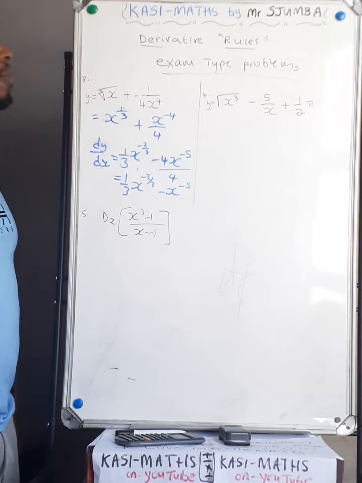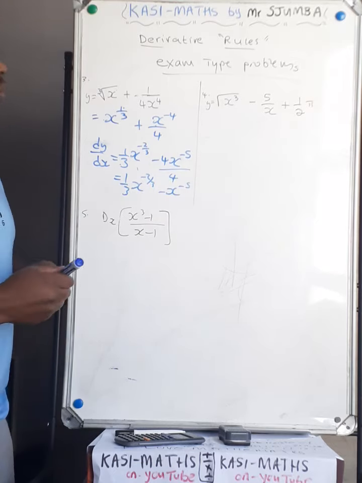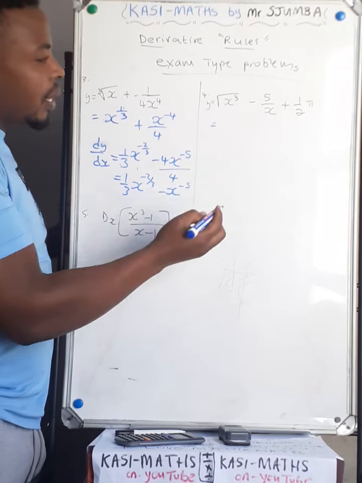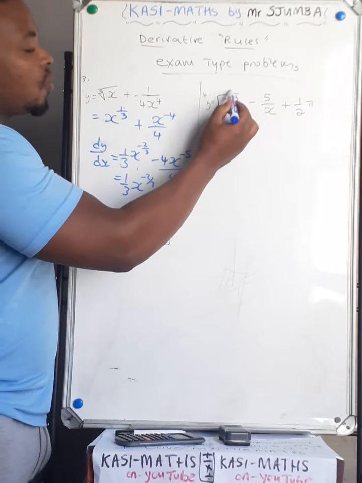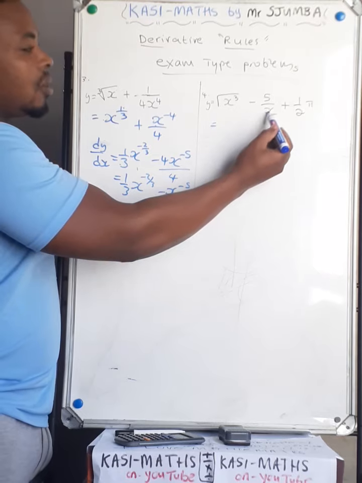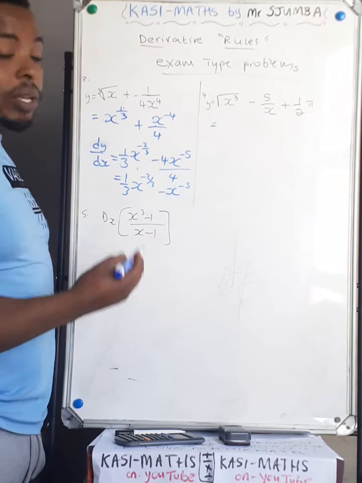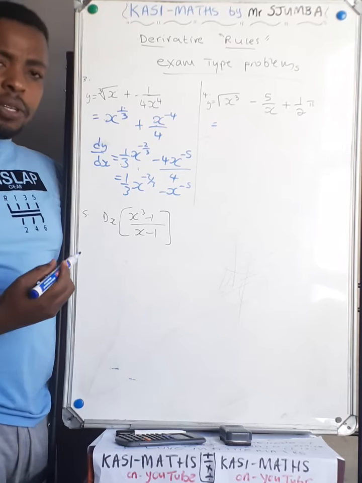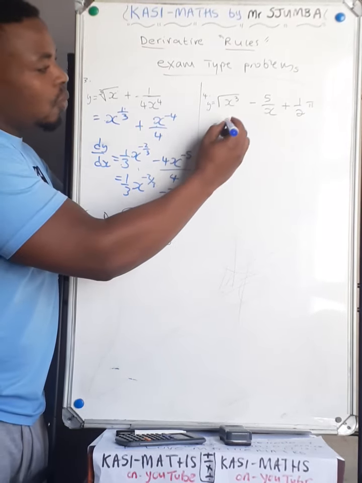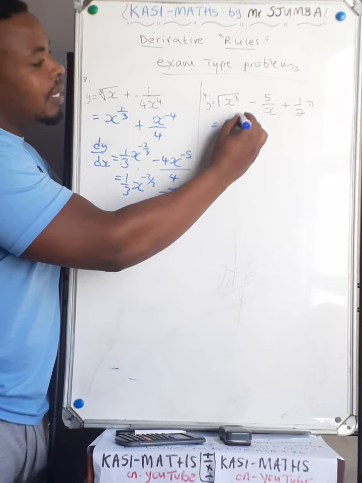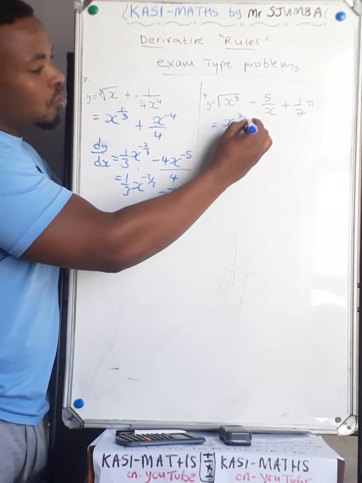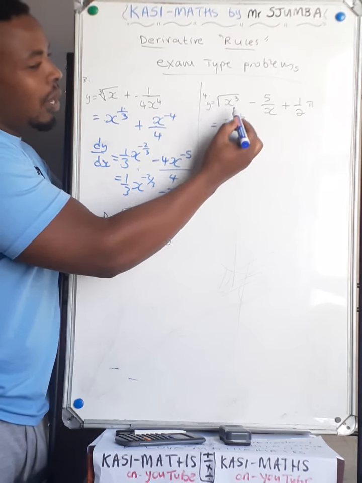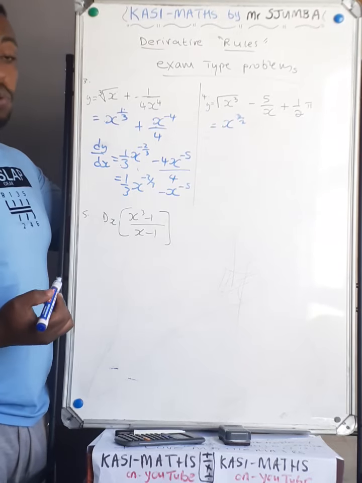Right, let's go to this one. Here we cannot derive because we have a square root and x is in the denominator. So the first thing we must do is remove the square root, so it will be x raised by 3 over 2. We know what's in 2 there, so it's going to be 3 over 2.